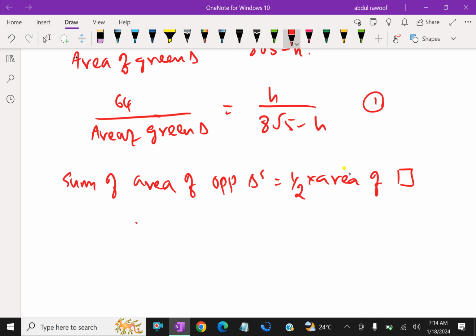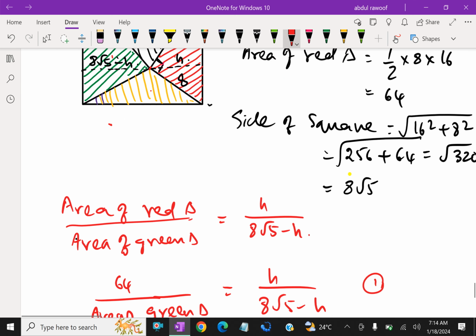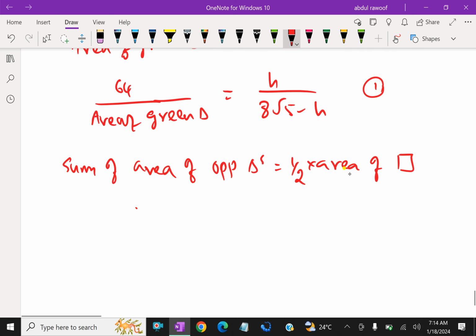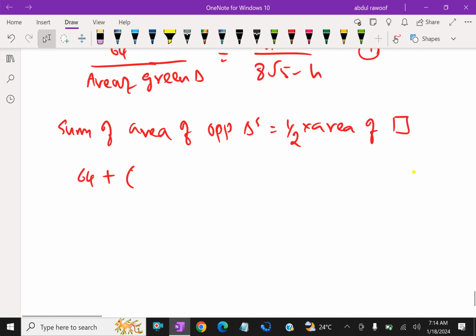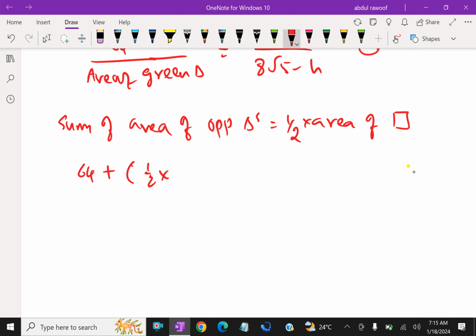Now by this relation we can write: the red triangle is 64, plus the area of the green triangle, which is half base times height, half into 8 root 5 into 8 root 5 minus h, the altitude, equals half of the area of the square. The area of the square is 8 root 5 squared.